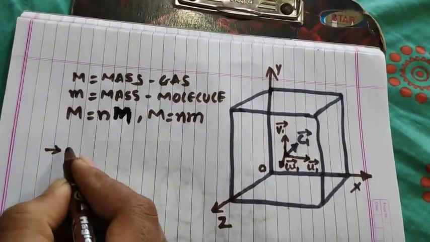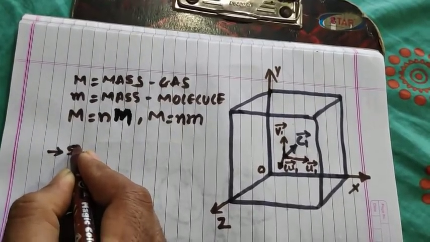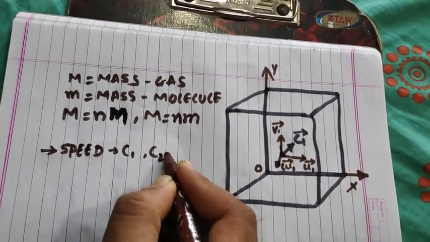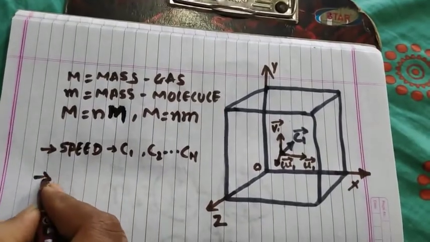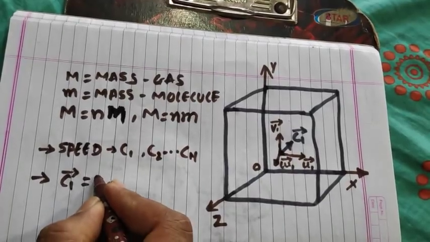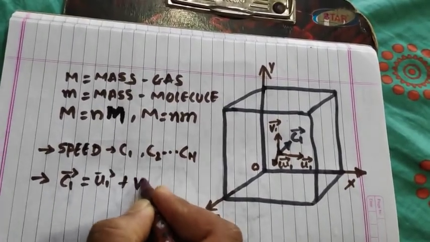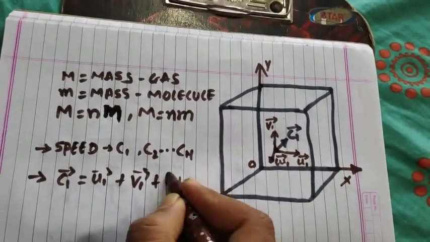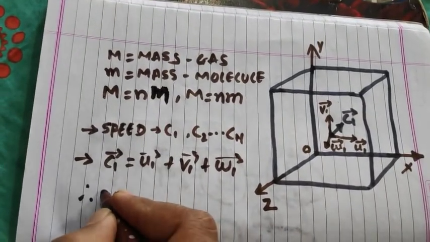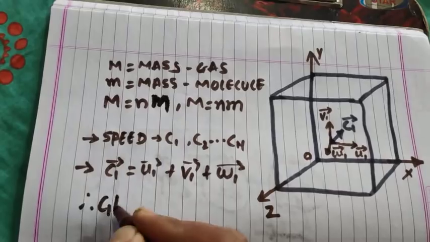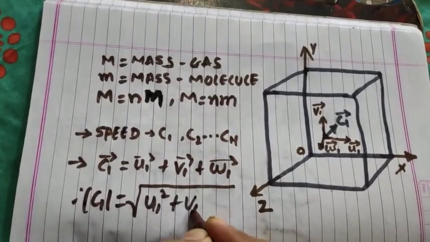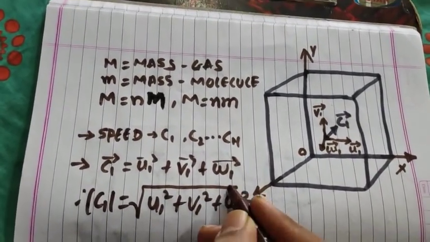So we can have the speeds of gas molecules as C1, C2, Cn, where we get the components resolution as C1 bar is equal to U1 bar plus V1 bar plus omega 1 bar. Now children, we can get the mod of it as square root of U1 square plus V1 square plus omega 1 square.